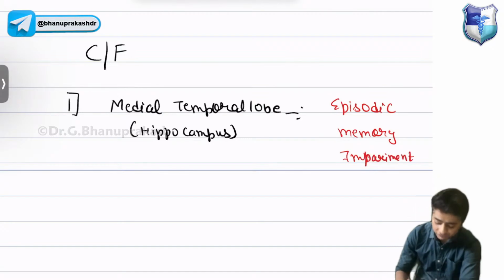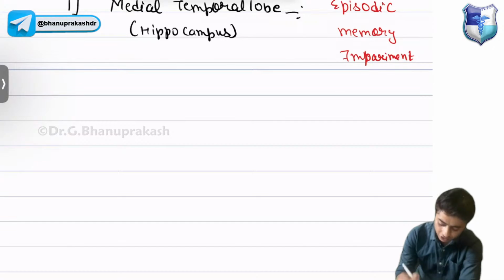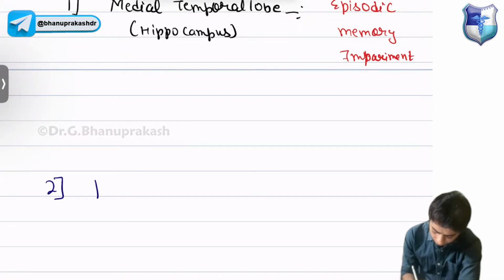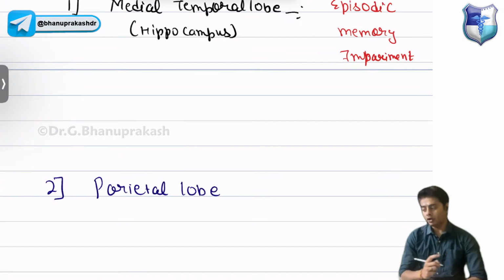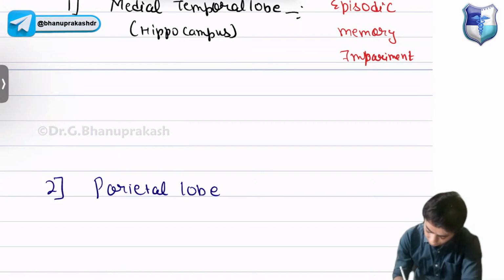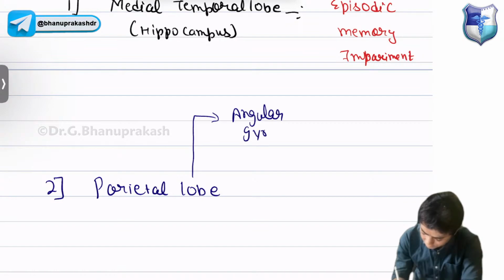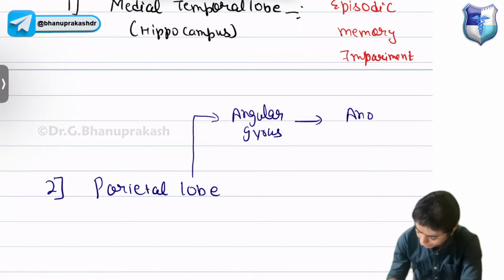Done, sir. After the medial temporal lobe, which lobe is involved? It is your parietal lobe. And in the parietal lobe, first is the involvement of the angular gyrus, and it leads to anomic aphasia.